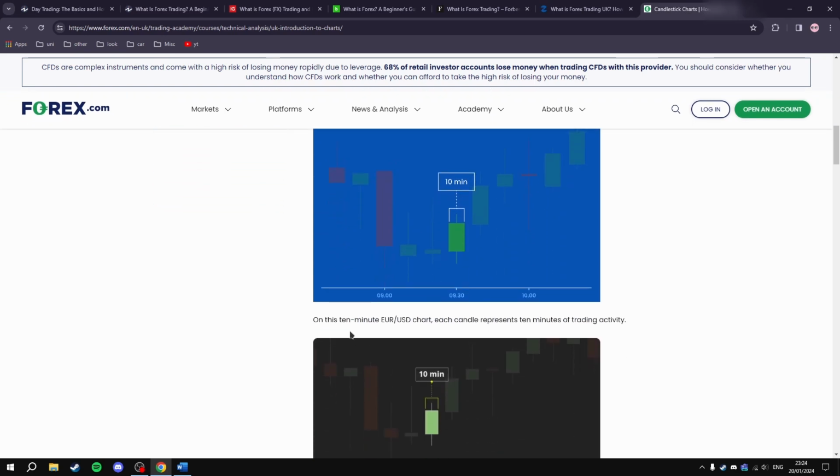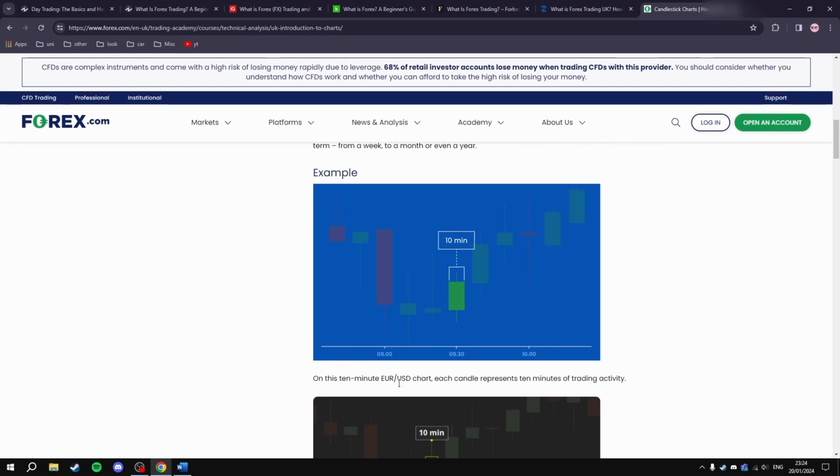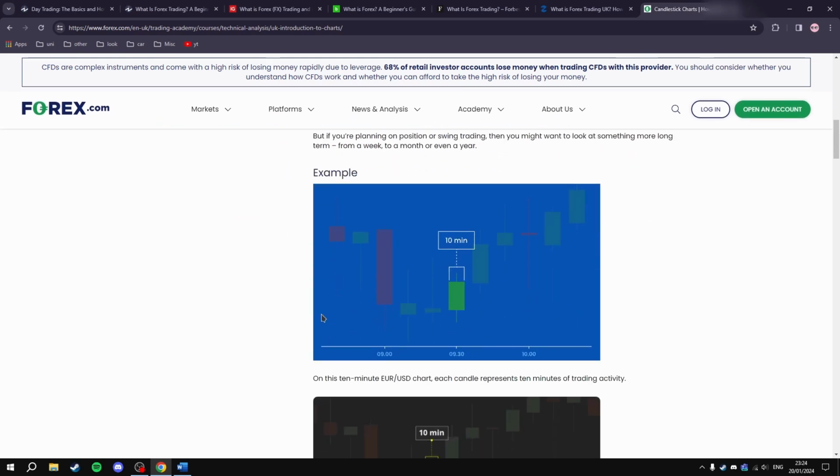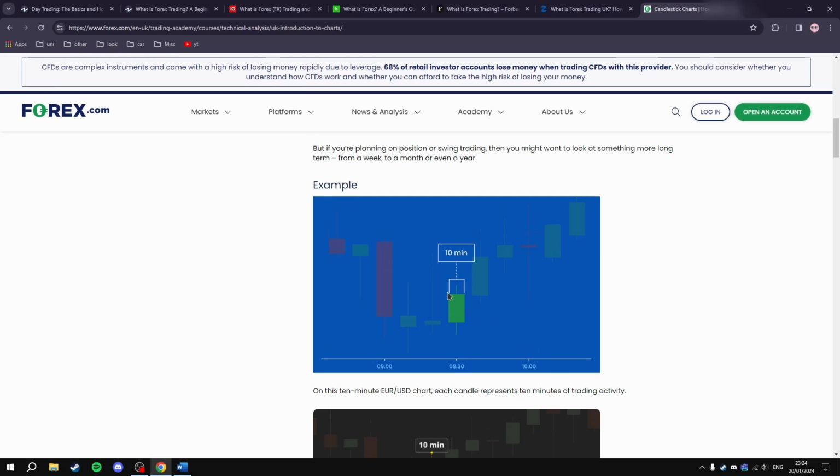Right, okay, example. On this 10-minute Euro USD chart, each candle represents 10 minutes of trading activity. Oh, right, okay.